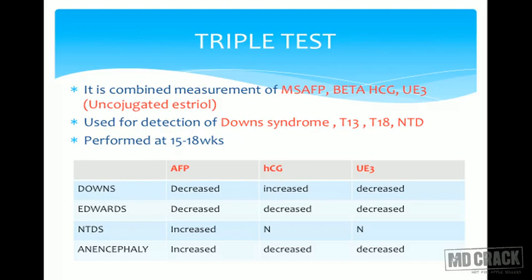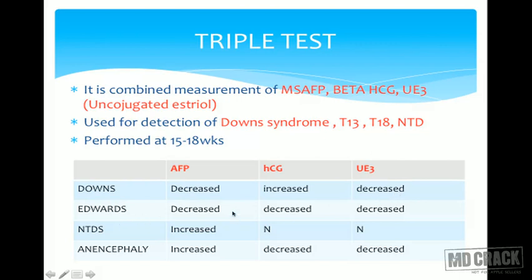Let's see these tests. The triple test is a combined measurement of MSAFP, beta HCG and uE3, that is unconjugated estriol levels, used for detection of Down syndrome, trisomy 13, 18 and NTD, performed between 15 to 18 weeks. In Down syndrome, AFP levels are decreased, HCG levels are increased and estriol levels are decreased.